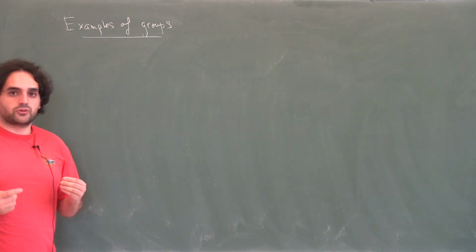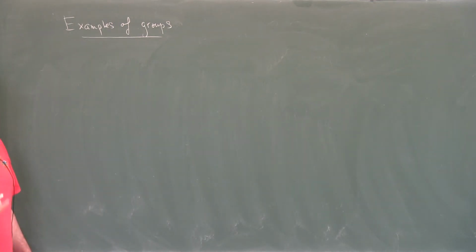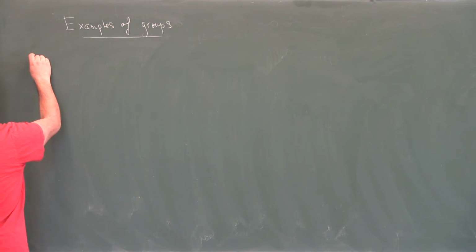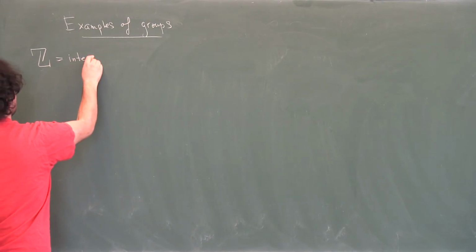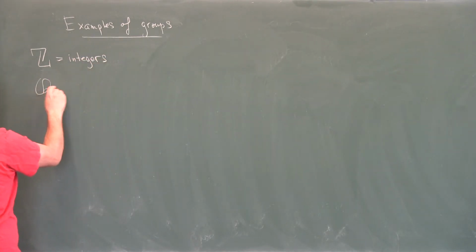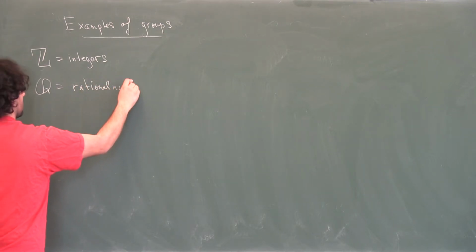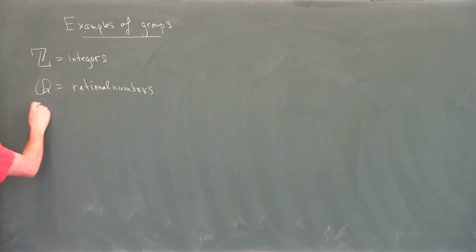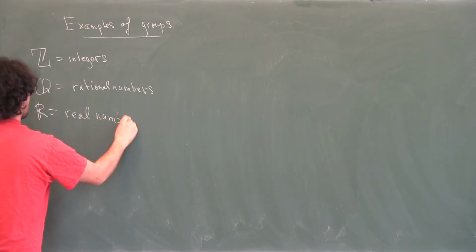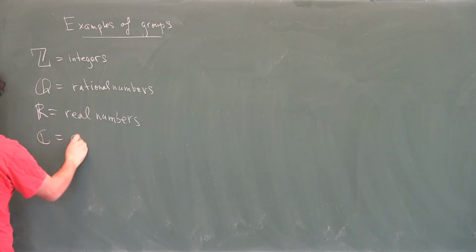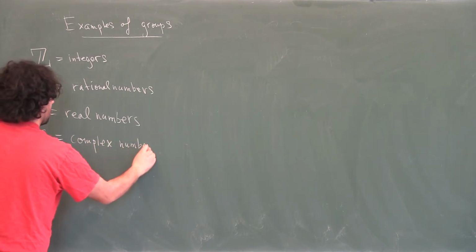So the trivial examples are that all of the number systems that you are used to are examples of groups under addition. Okay, so Z, the integers, Q, the rational numbers, R, the real numbers, and C, the complex numbers.